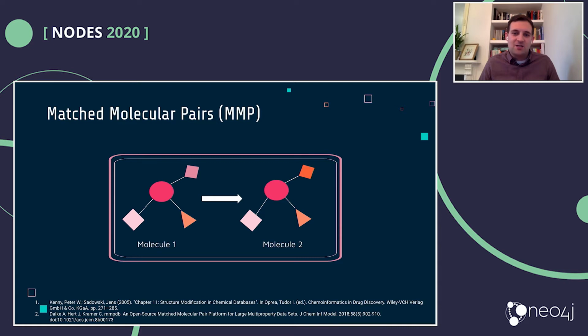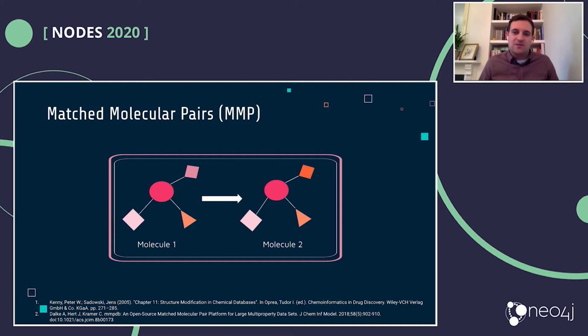They're making these changes, and we build up a database of these changes. Imagine I now have a database of where I've changed pink to orange on a number of different cores. So if we call this the core, and we've changed pink to orange many times, we can then start to build up some data, and we can build a delta of, statistically, when I change pink to orange, I get an increase in solubility by about 10%.